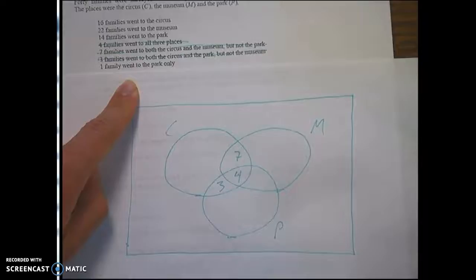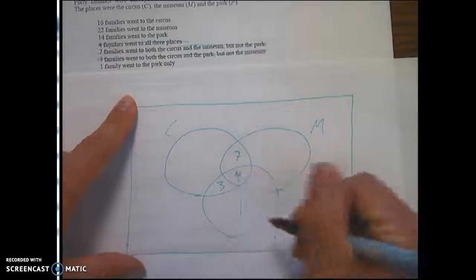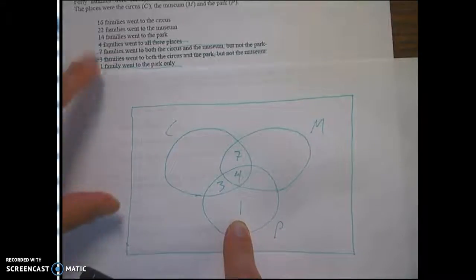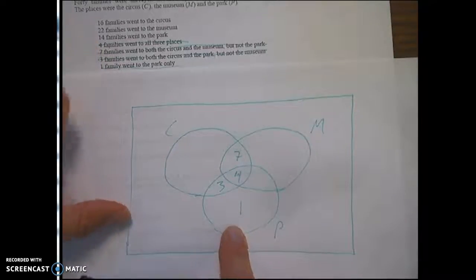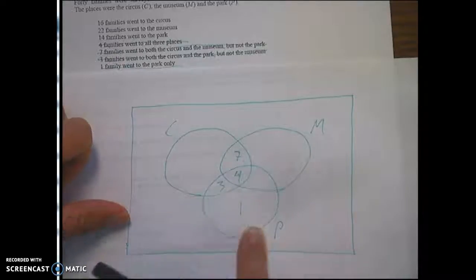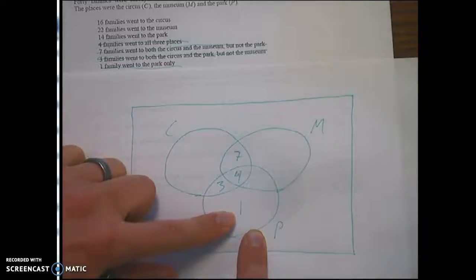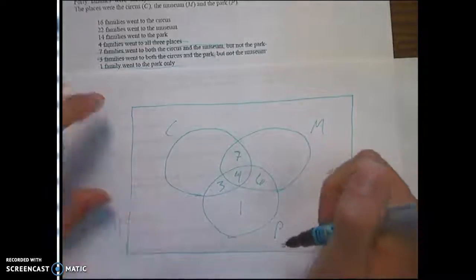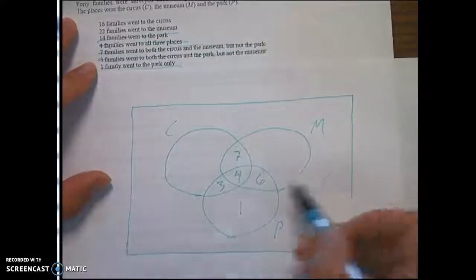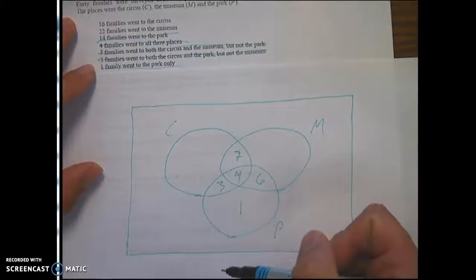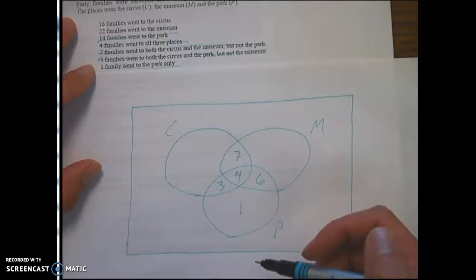1 family went to the park only. Those are the folks who went to the park only. 14 families went to the park, which means the entire park circle needs to add up to 14. So 4 plus 3 plus 1 is 8. 8 plus 6 equals 14. So now this says 14 families went to the park. 22 families went to the museum.